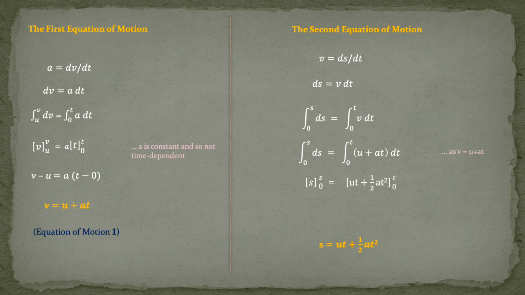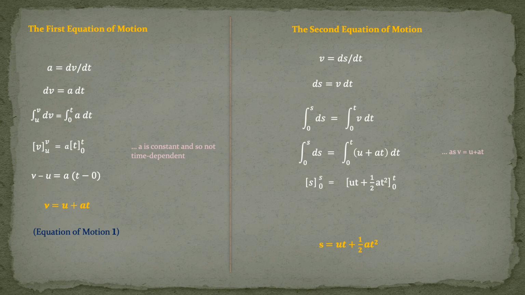We now apply the normal rules of integration. So on the left-hand side, we have s between the limits. And on the right-hand side, we apply the normal rules of integration. So integrating u with respect to t gives us ut. And integrating at with respect to t, we raise the power by 1 to give us t squared, and we divide by that new power to give us a half at squared.